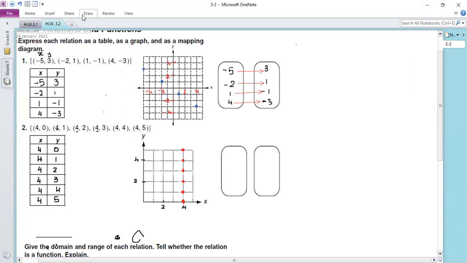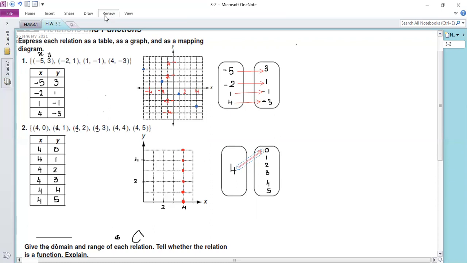Now to draw the mapping diagram, because we have all 4s, in the x value box, writing 4 once would be sufficient because you don't need to keep repeating. But for the value of y, we have 0, 1, 2, 3, 4, and 5, because we have 6 different numbers for y. Now, how are you going to match it? Simply from 4, join to 0.